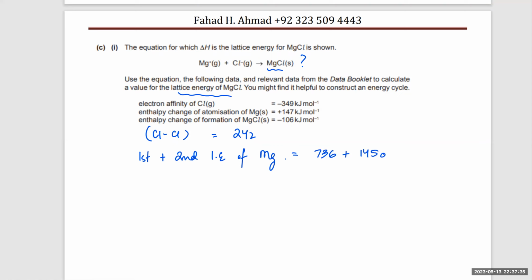We don't actually need the second one because Mg is only turning into Mg +1. I guess that's about it. Electron affinity of Cl is already given. So as I said, we construct the Born-Haber cycle and tell me what the answer is. Okay, do this yourself.